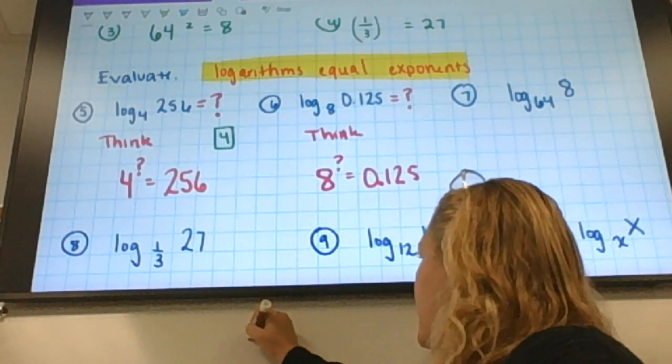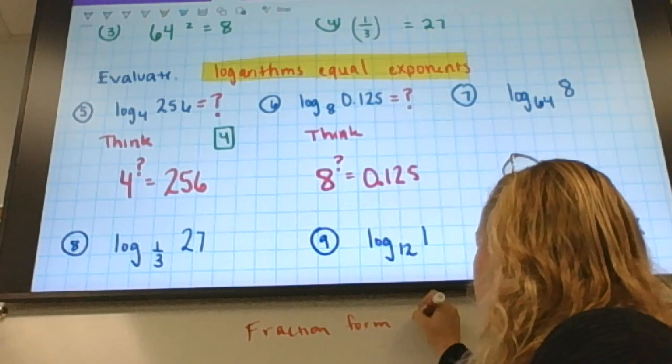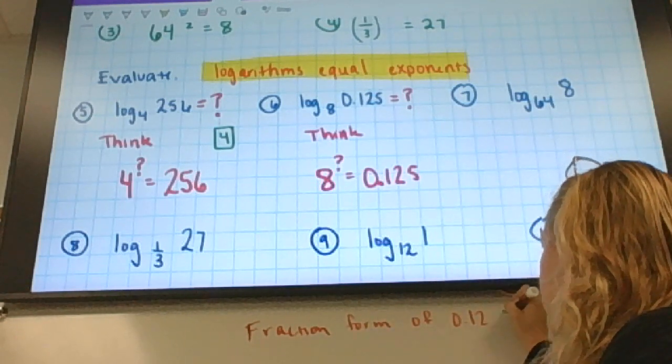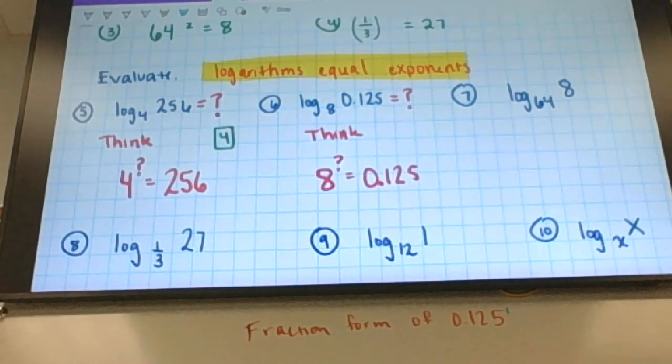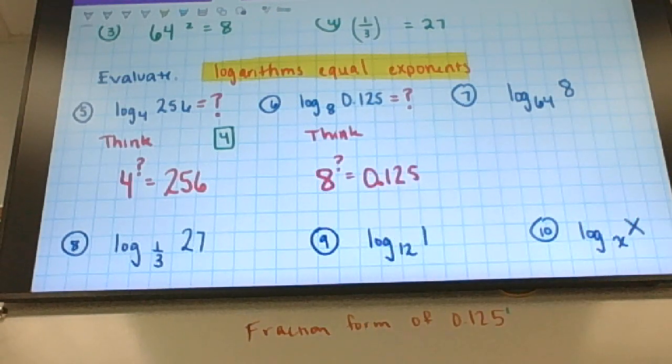So I really want to think about the fraction form of 0.125. I'm going to use my calculator. I'm thinking about the number 8, right? They're usually related. So in my calculator, if I go 1 divided by 8, I get 0.125. So 0.125 is the same as 1 divided by 8.